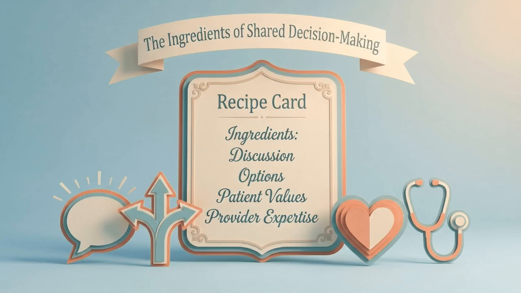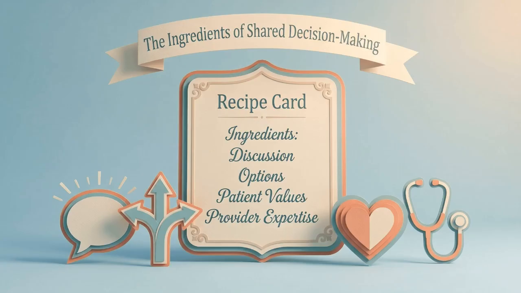Next, all available treatment options are presented, including the pros and cons of each, and even the option of doing nothing. Crucially, the conversation explores the patient's values, preferences, and life goals, integrating them into the decision. Finally, the provider applies their clinical expertise to tailor the information to the specific patient. It's a rich, multi-layered conversation, not a quick checklist.